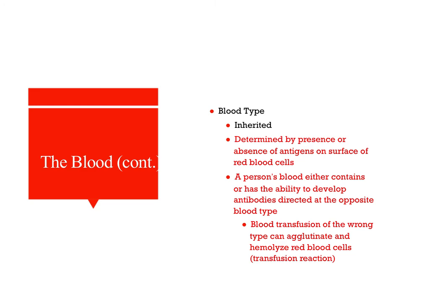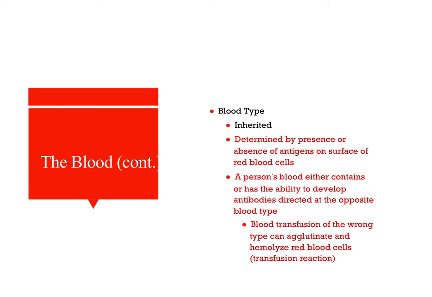You do need to know that your blood type is inherited, and it is determined by the presence or absence of antigens on the surface of the red blood cell. Okay? And then a person's blood either contains or has the ability to develop antibodies directed at the opposite blood type. This is why it's so important when people get blood transfusions that they get the right blood type, okay?